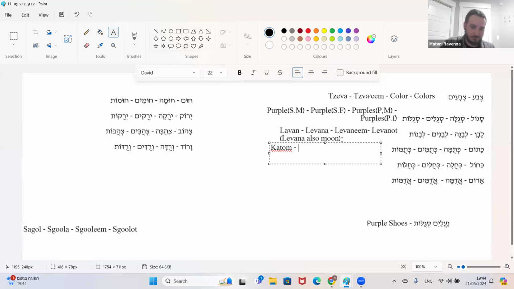Okay, so let's say the woman is orange, ha-isha ktuma. Or let's say we have a female dog, ha-kalba ktuma. The dog is orange. Then I have to transliterate it.